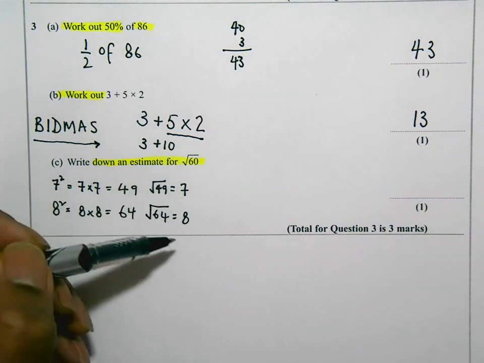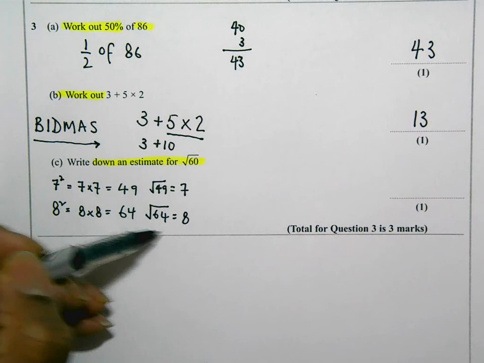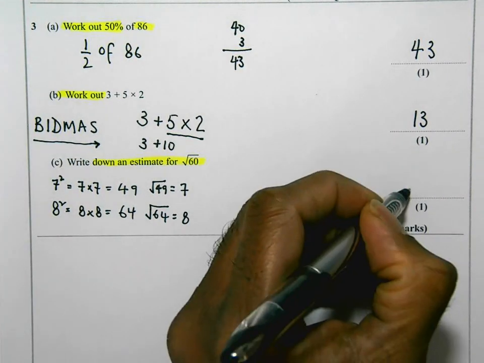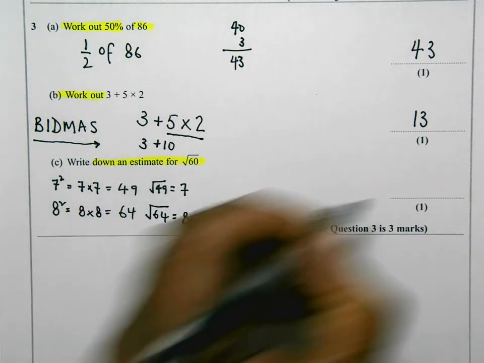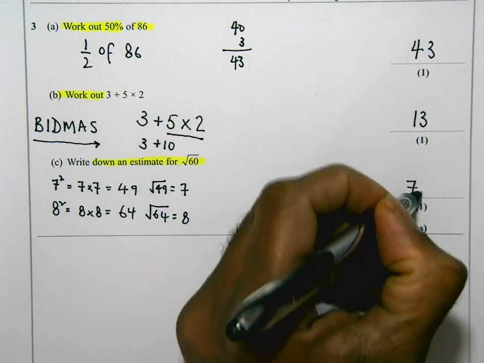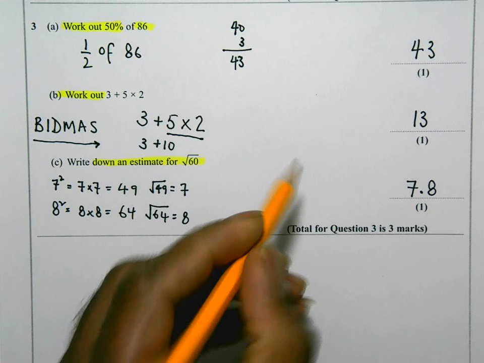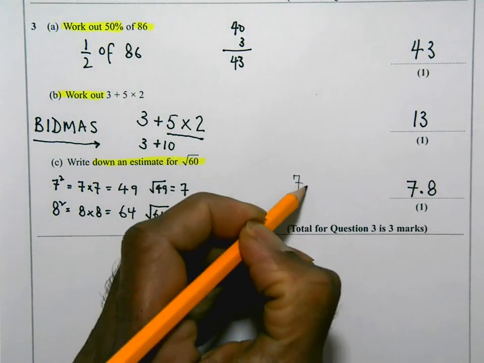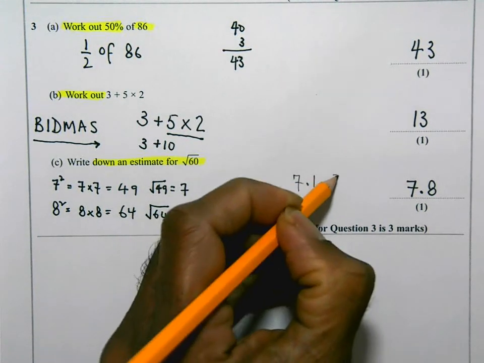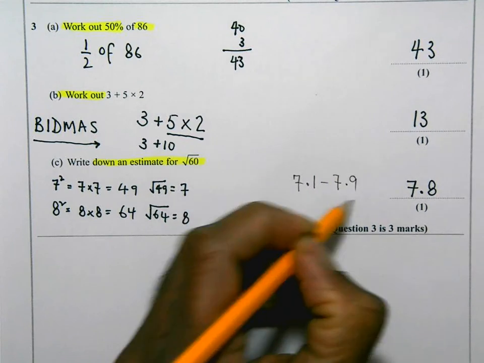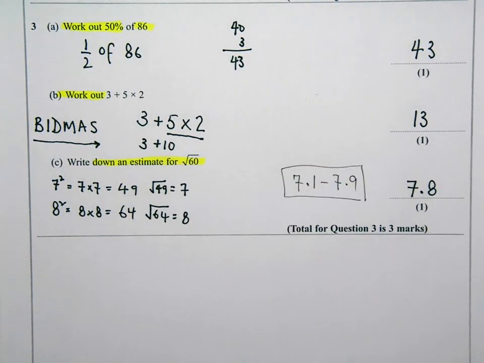Now 60 is close to 64, so I'm going to make a guess, and I'm going to put 7.8. But I looked at the mark scheme for this, and the mark scheme says accept anything from 7.1 to 7.9.